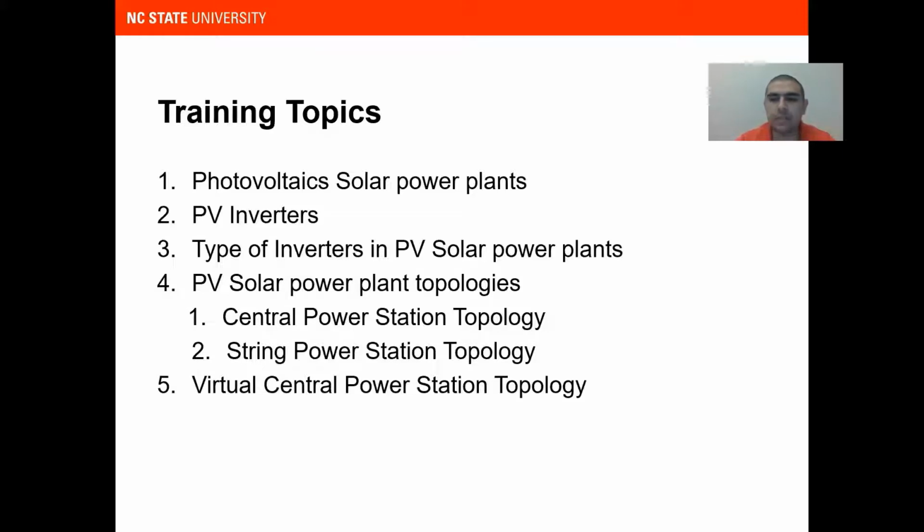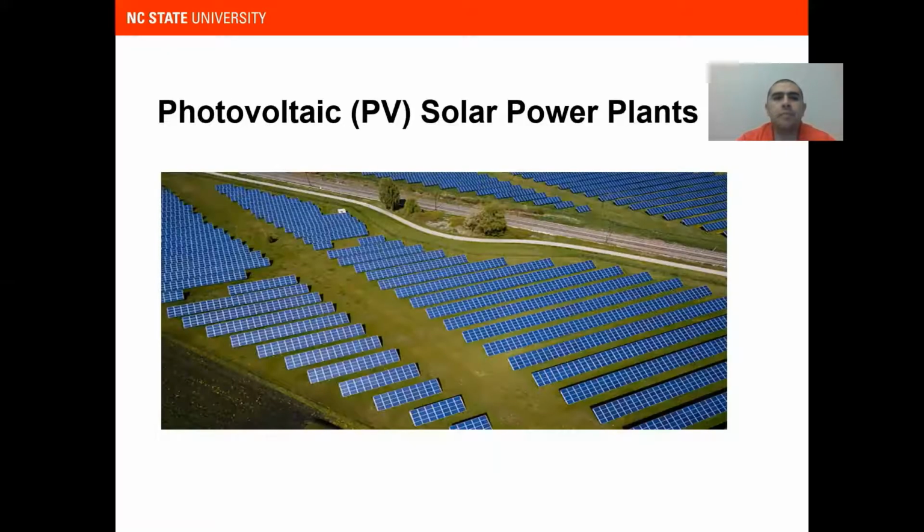Okay, let's start. We are going to talk about photovoltaic solar power plants. After this, I'm just going to say PV solar power plants. This is a great picture of a PV power plant. At this place, solar energy is converted into DC electricity through the photovoltaic effect.